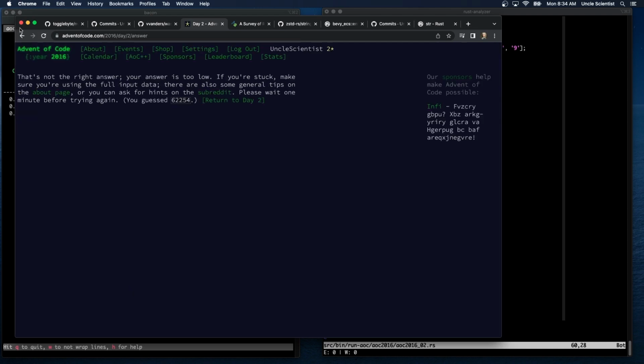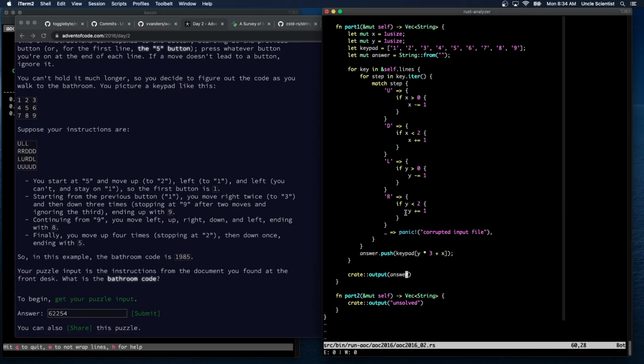Ah, that's not the right answer. Okay. That's a shame. Yeah, so 0, 0 is 1. So let's print those values out again. Println x and y, and see what we did wrong.